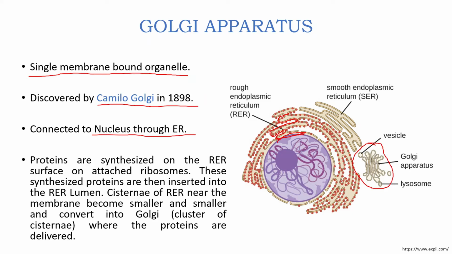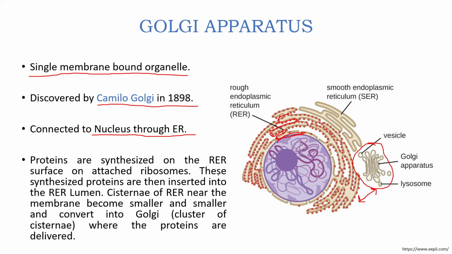Now, Golgi lies in close proximity to the ER, but it is not physically connected to the ER. It is only connected to the ER and the nucleus through vesicular transport. Several vesicles run between the ER and the Golgi. They carry different materials, different proteins, different cargo, and this is how the ER and the Golgi are connected.